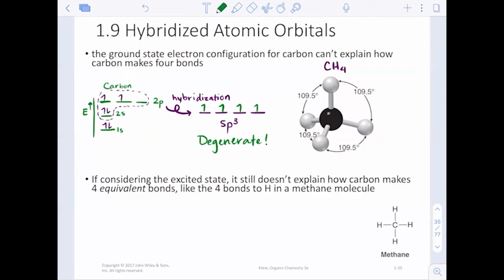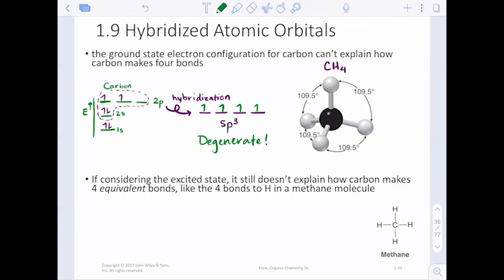Hybridization is the key to understand that there can be 4 equal unpaired electrons to form 4 equal bonds. Without hybridization, we cannot explain why CH4 is a tetrahedral molecule. So it's very important to understand how carbon makes those bonds.